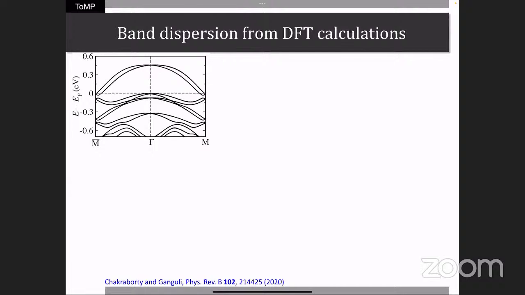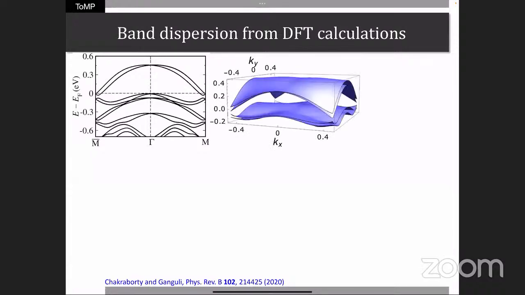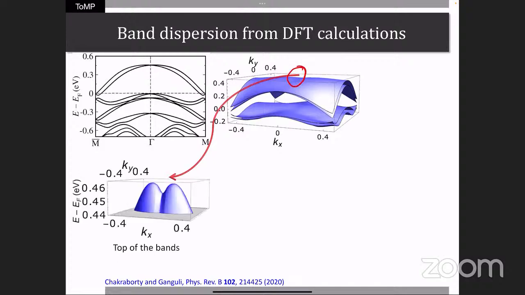And here, because it is a heterostructure, the growth direction is Z direction. We have Kx, Ky directions in the Brillouin zone, and Kz is missing because that is not a periodic direction. So if we plot the band as Kx, Ky and energy, the Z axis of this band is energy, we find this kind of a structure where this top part, if we zoom in, looks like two peaks here.